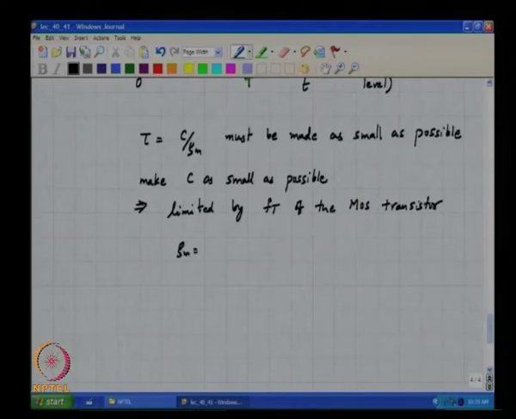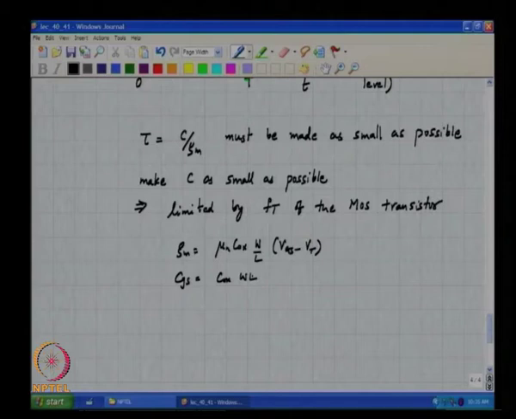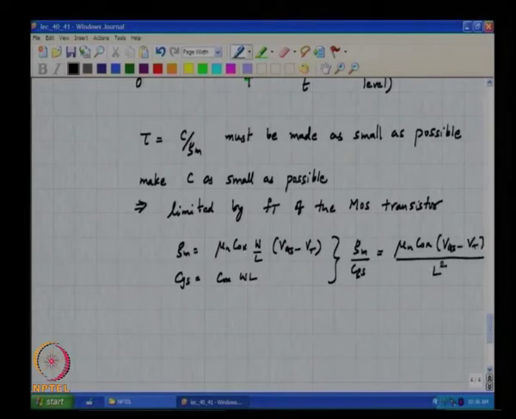Gm for a transistor is mu n Cox W by L times Vgs minus Vt, whereas Cgs for instance is Cox times W times L, correct, which means Gm by Cgs is mu n into Vgs minus Vt by L square.